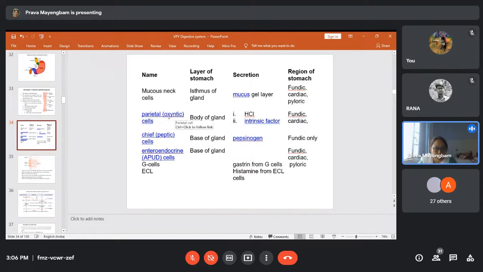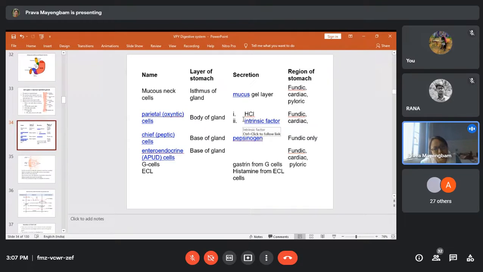From the parietal cell, in addition to HCl, there is secretion of a factor known as intrinsic factor. You remember this, okay? The types of the glands present in the different portions of the stomach, the name of the gland and their secretions.